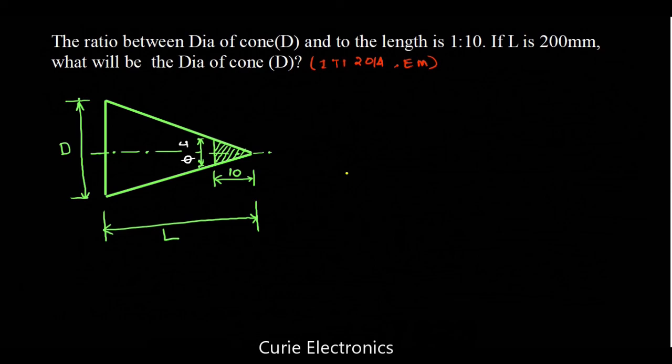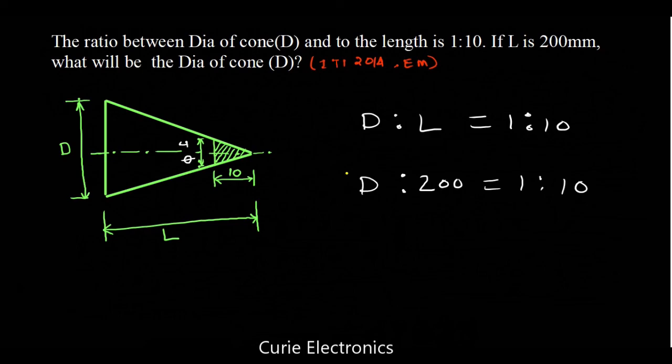Okay, let's solve the last question. What is it? The ratio between diameter of a cone D to length L is 1:10. Next, what is it telling? L equal to 200. We have to find D, and we have 1:10 also there.